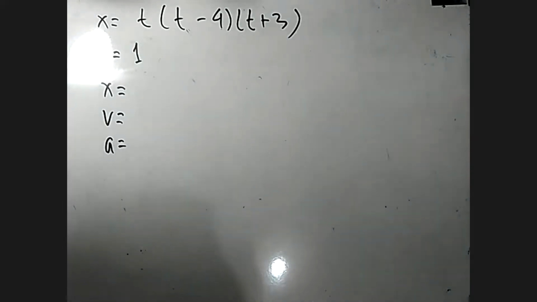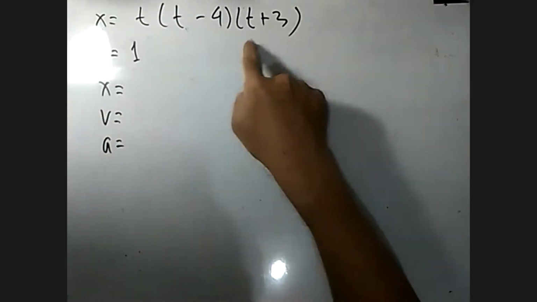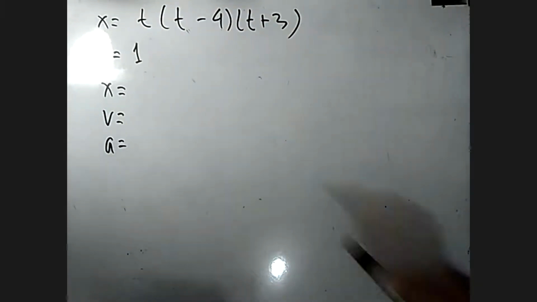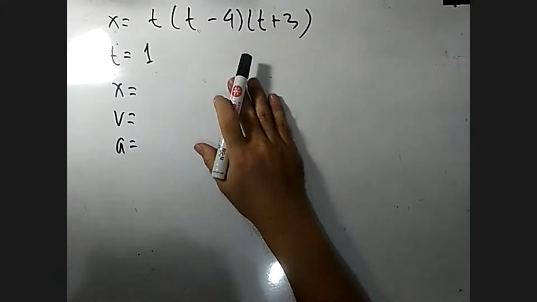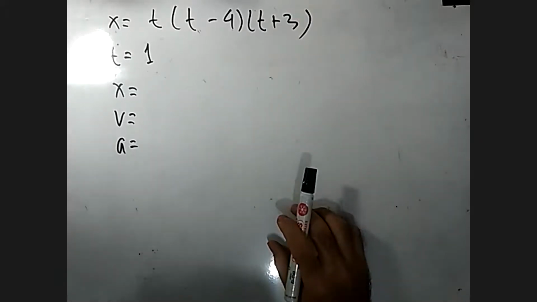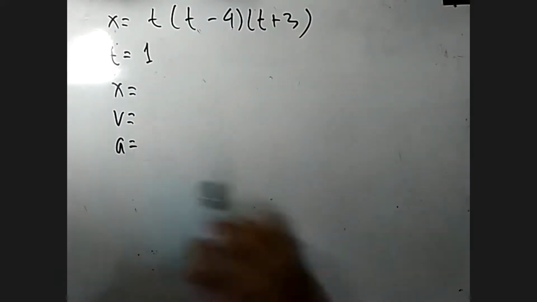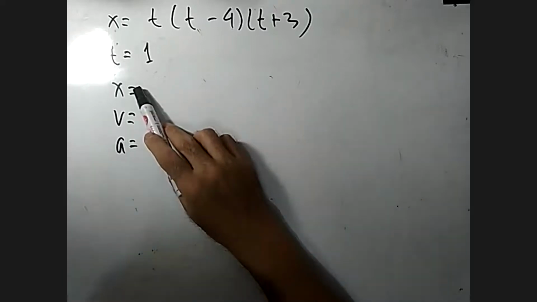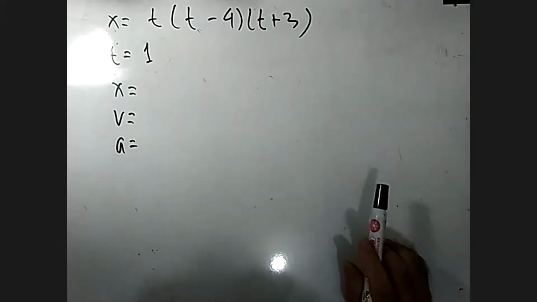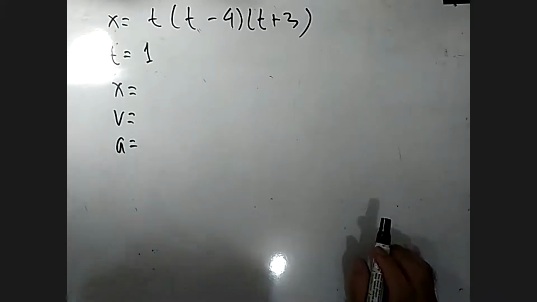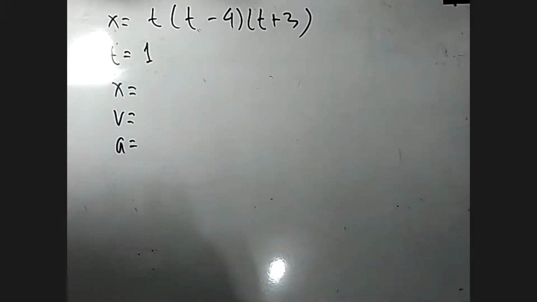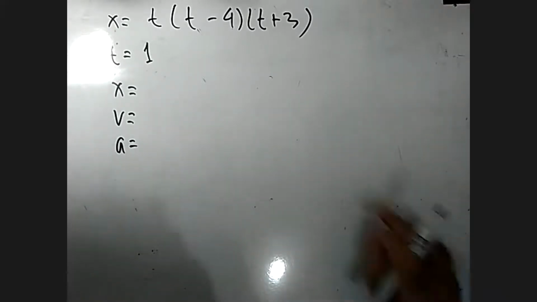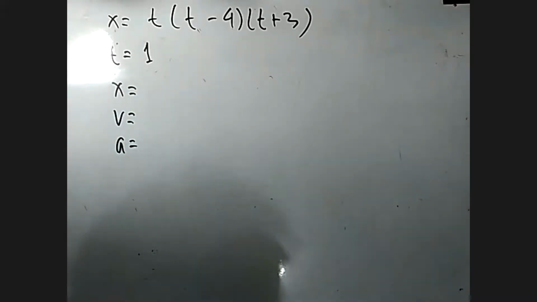The formula for x is now (t minus 4)(t plus 3). When t equals 1, what is x, what is v, and what is a? What is the displacement, what is velocity, and what's acceleration. Okay. Shannon, give me the first one. What is the position? What is the displacement?